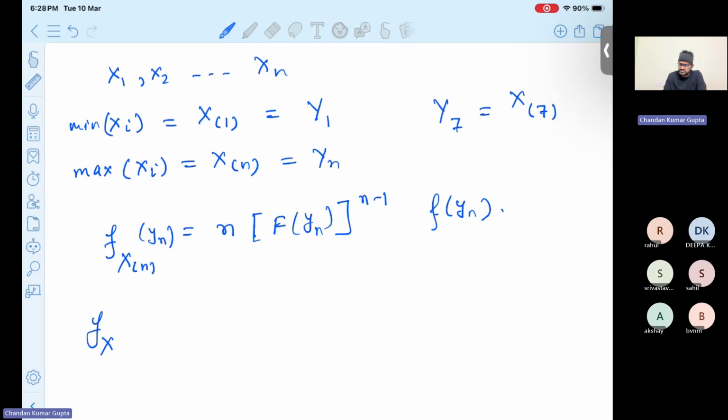I'm sorry, this is the maximum order distribution; the above one is the maximum order.